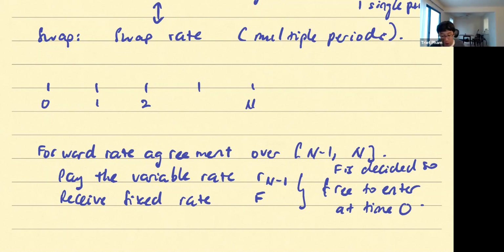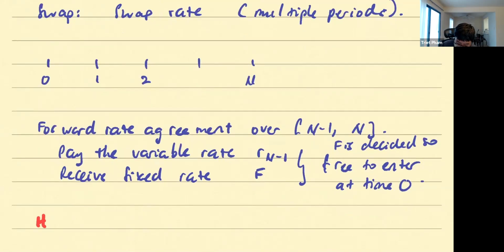And so what is this forward rate? How to decide F?